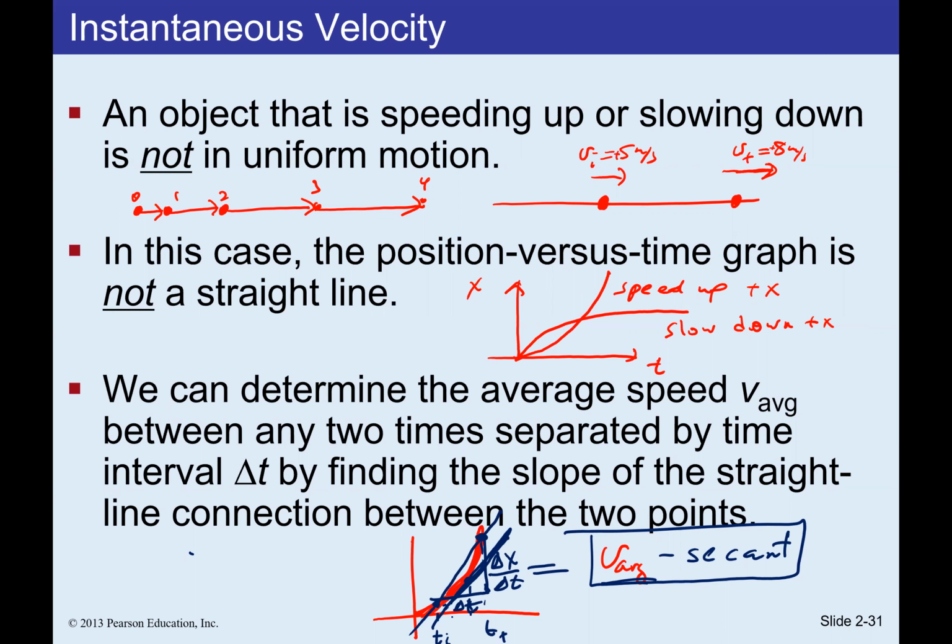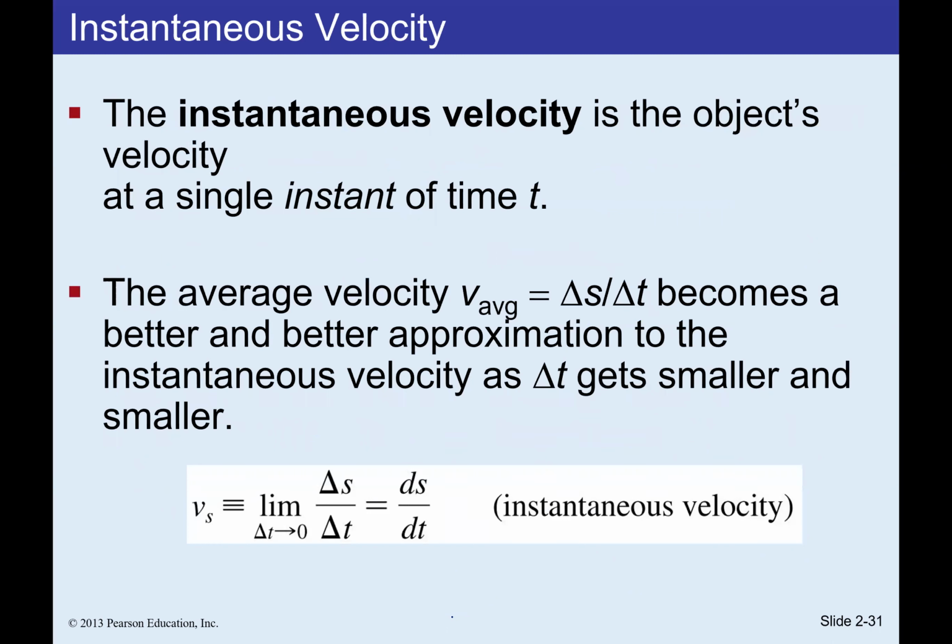Then this will be my instantaneous velocity. You can write that the instantaneous velocity is the object's velocity at a single instant of time. The average velocity, delta s over delta t, becomes a better approximation to the instantaneous velocity as delta t gets smaller and smaller.